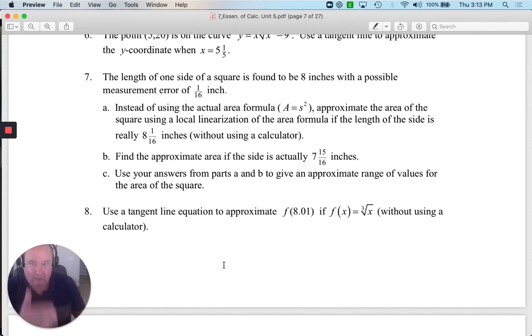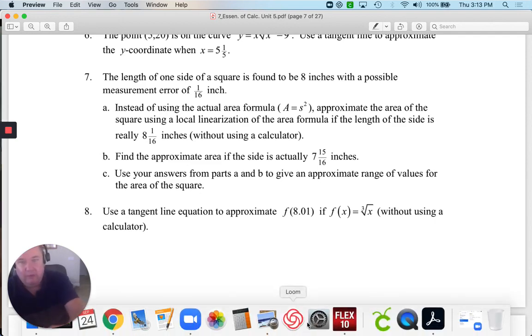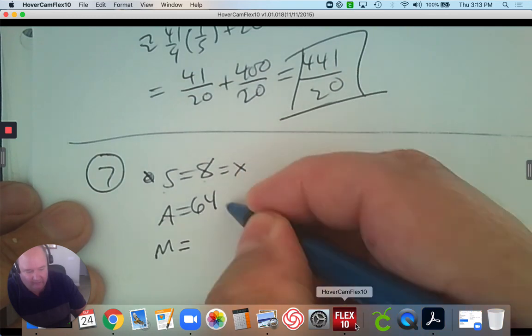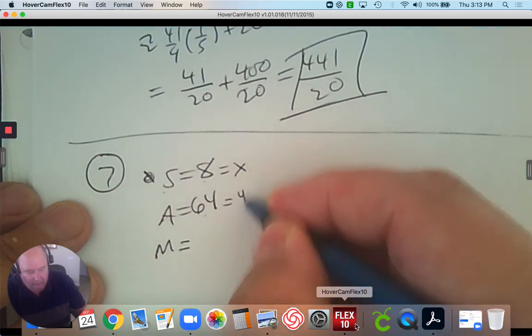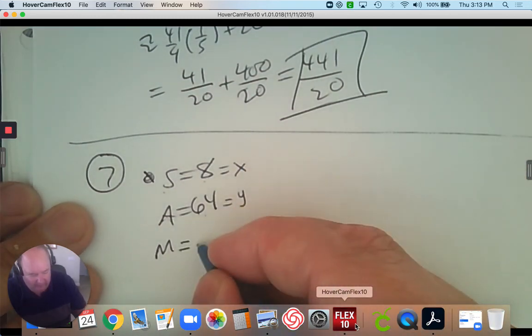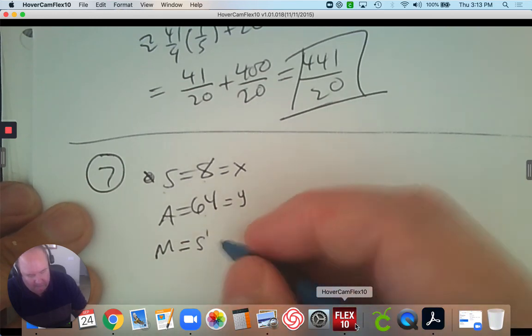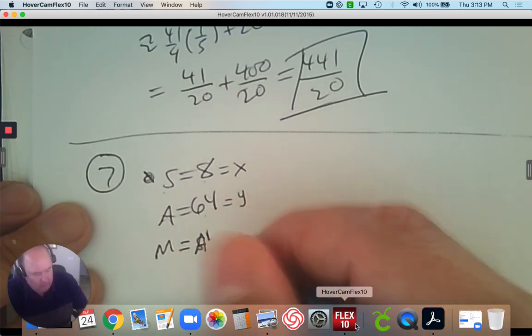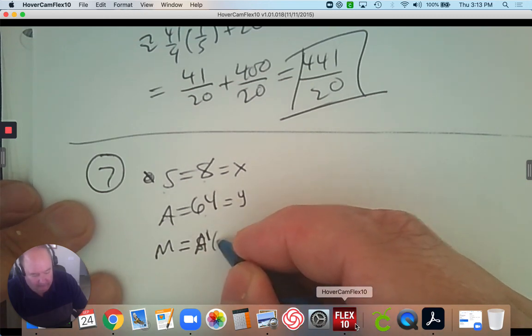And I want the equation of a tangent line, so I need to know the slope there. In essence, if the side is 8, that's like x. If the area is 64, that's like y. And then I want to find the slope, which is to find the derivative at 8.